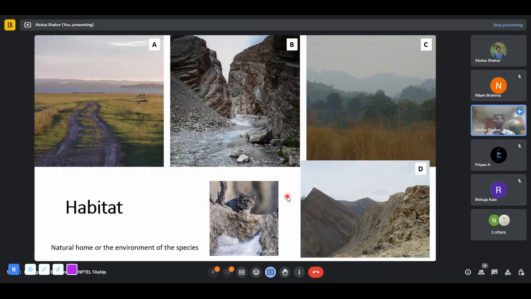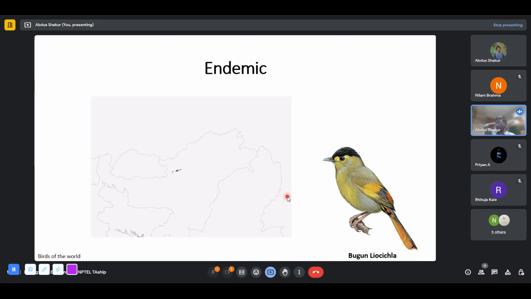And since we're talking about a species' habitat, not all of the species are found everywhere. Some species are restricted to some areas. That's why sometimes conserving those species becomes so important. Like for instance, this bird called Bugun liocichla.